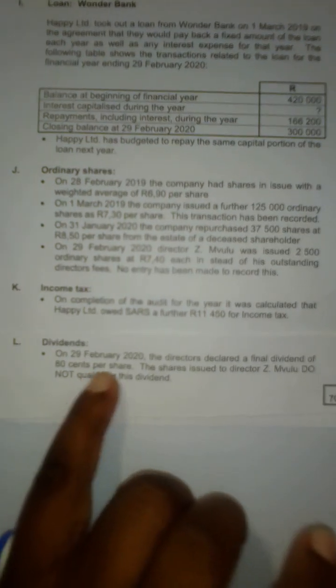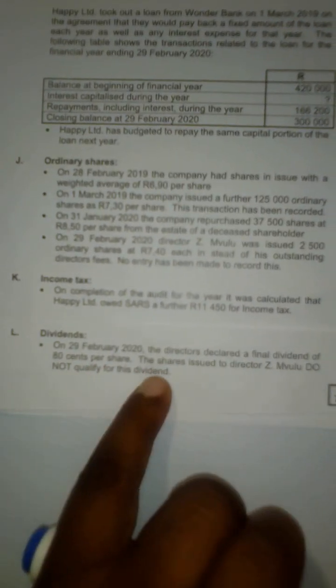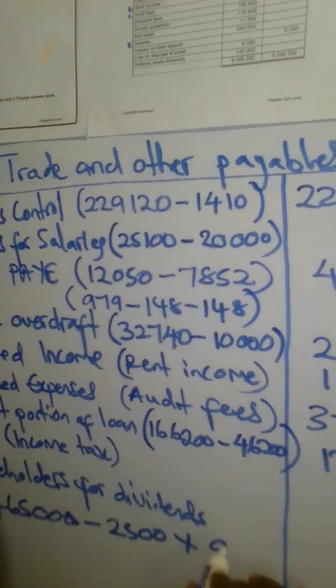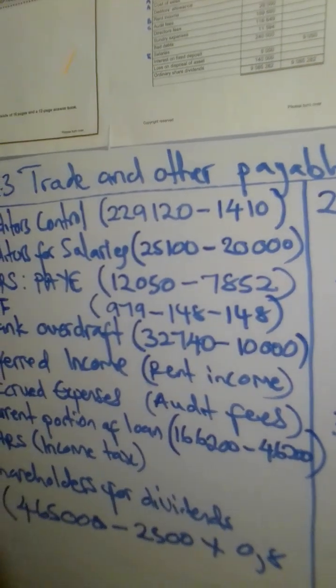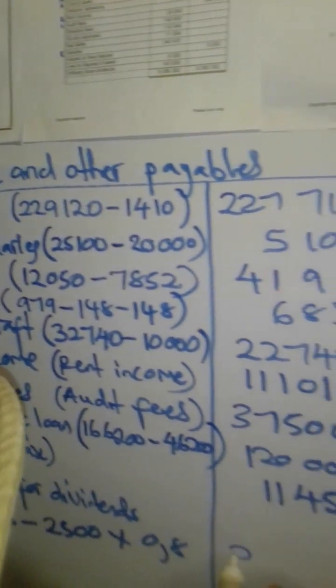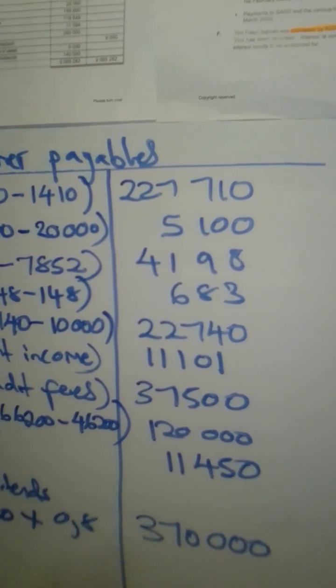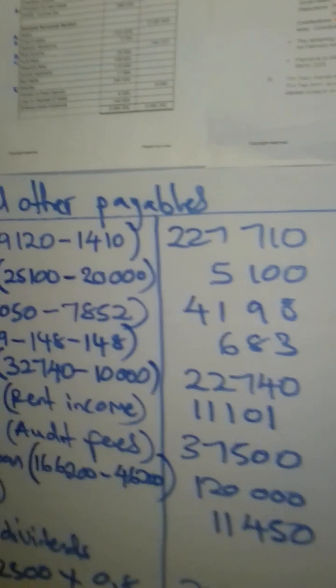They're saying that the directors declared a final dividend of 80 cents per share. The shares issued to director Z Mvulu do not qualify. So remember, how many shares were given? 2,500. We're supposed to minus 2,500 and we multiply by 0.8 or 80 cents. And remember, we got something like 370,000. When you have done all this, you are home and dry, everything is done, you get your 21 marks.